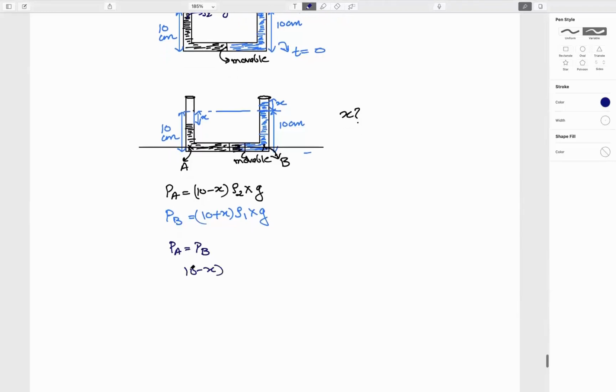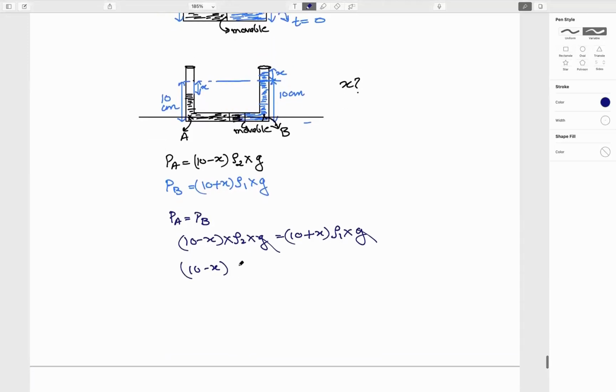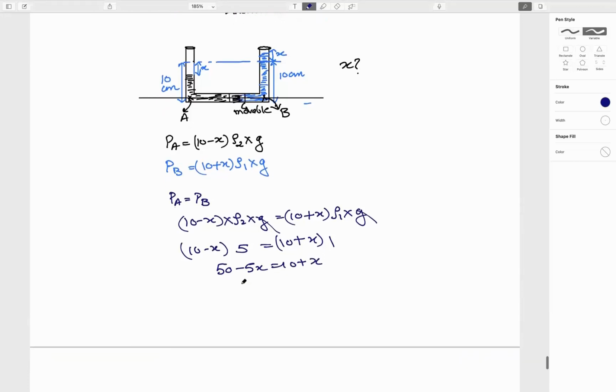So (10 minus x) rho 2 g equals (10 plus x) rho 1 g. The g will cancel out. Rho 2 is 5 and rho 1 is 1. 50 minus 5x equals 10 plus x, so 40 equals 6x. x equals 20 by 3 centimeter.